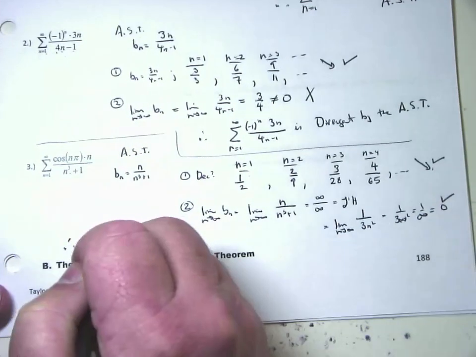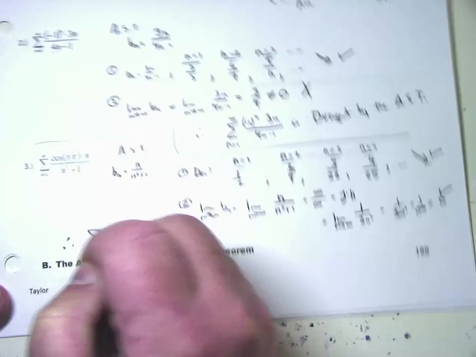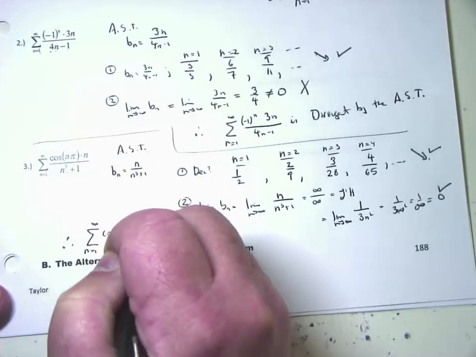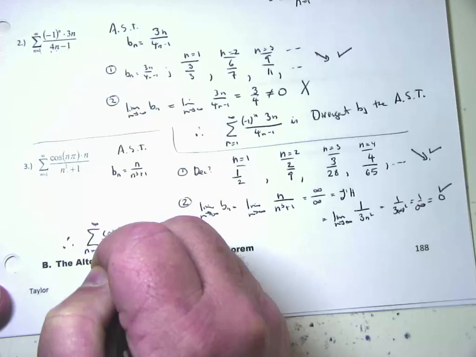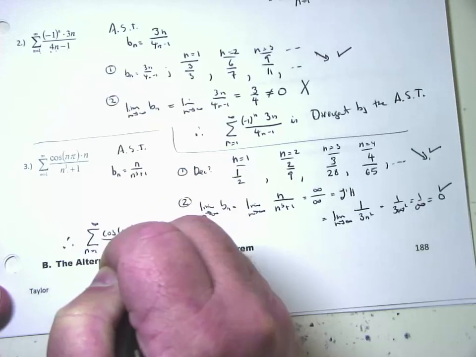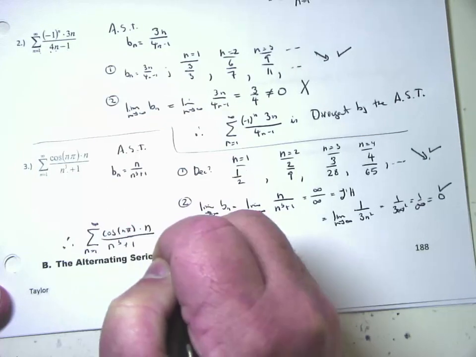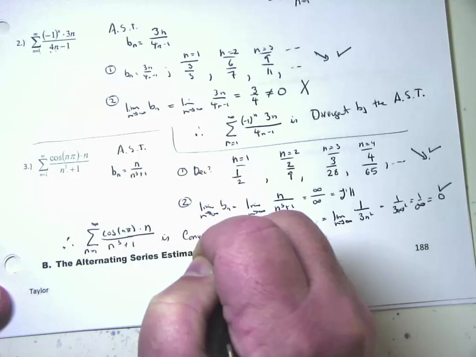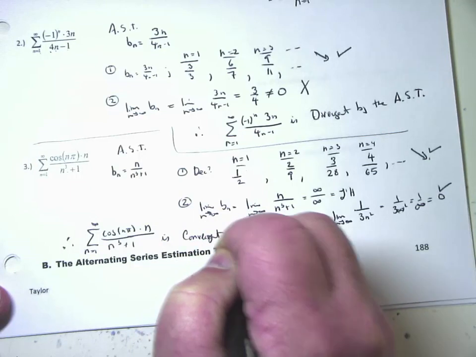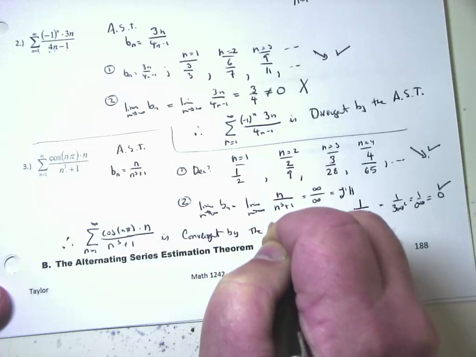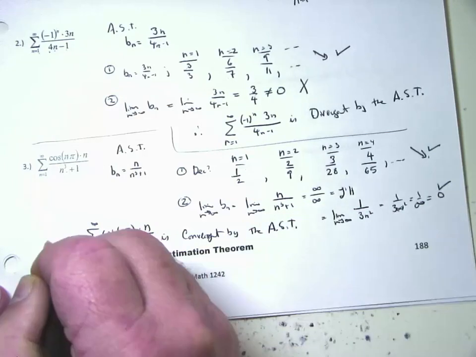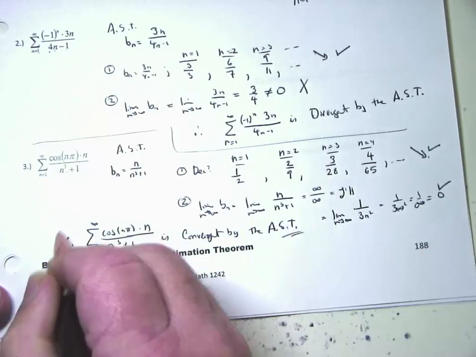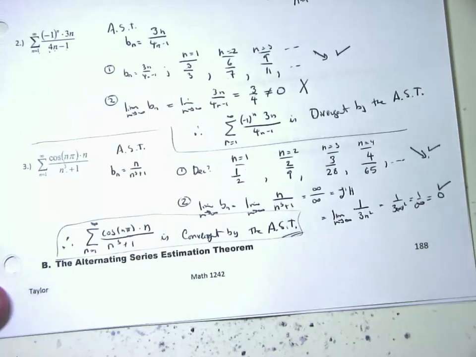So what can you tell me about this series? The sum as n goes from 1 to infinity of cosine of n pi times n over n cubed plus 1 is convergent by the alternating series test. Does that make sense?